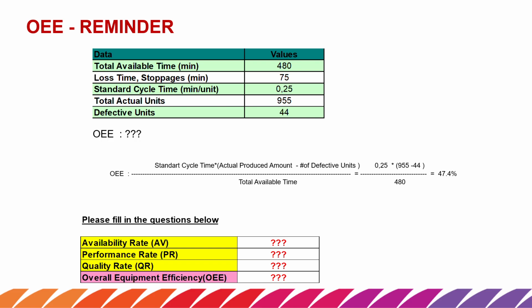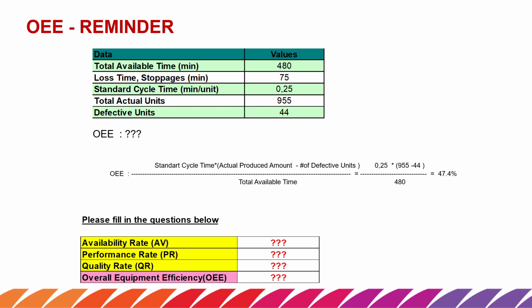To calculate this OEE, first we will subtract the defective units from the actual number of units, that is 955 minus 44, that comes to 911, the units that are okay.